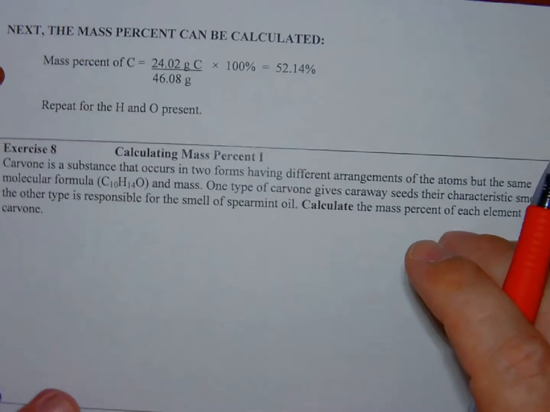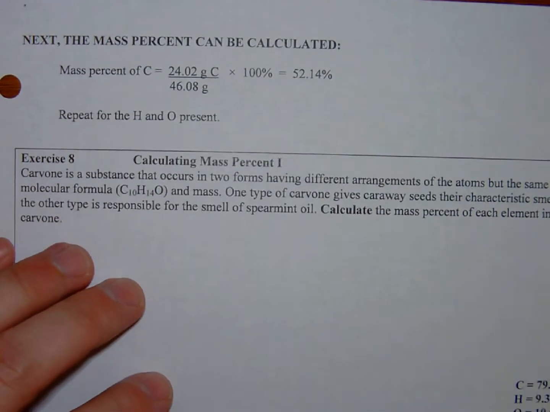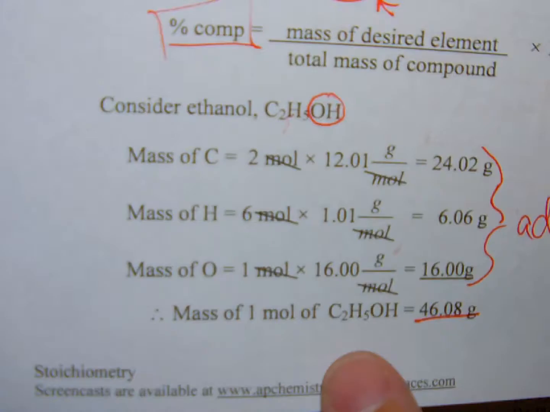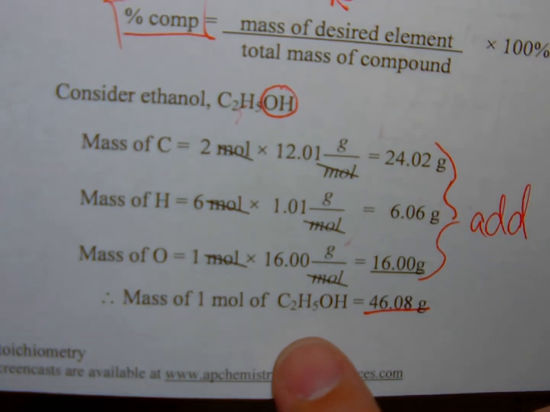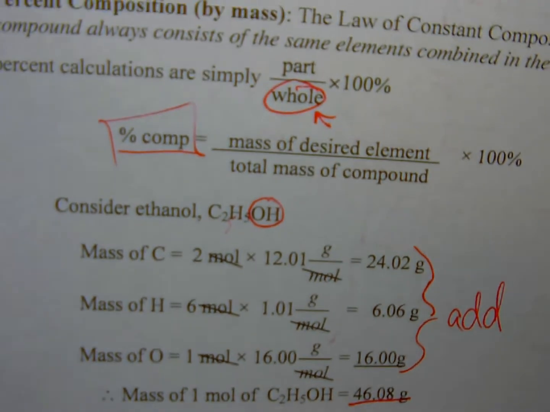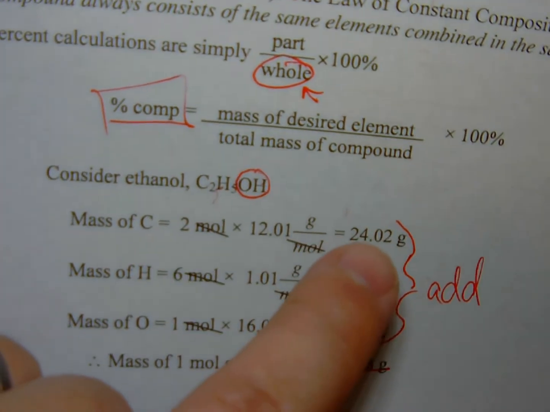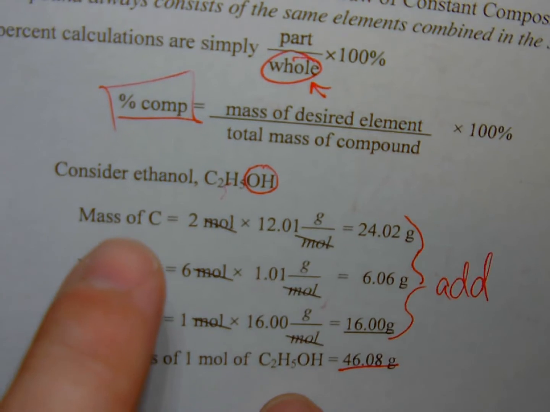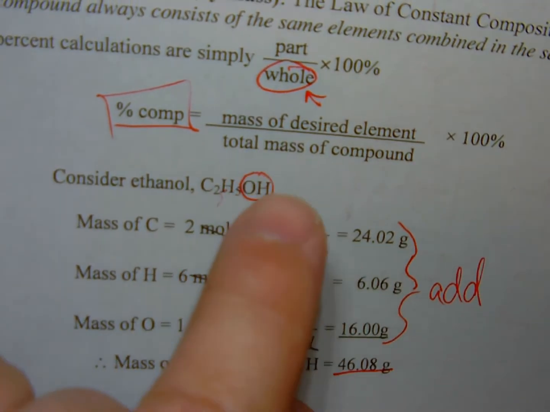Next, we can actually start calculating mass percentages. Now, in the example, I already calculated the mass of carbon. Notice I have 24.02 grams of carbon. Well, that's the mass of the desired element. If I'm doing the mass percentage due to carbon, it's the mass of the desired element divided by the total mass of the compound.